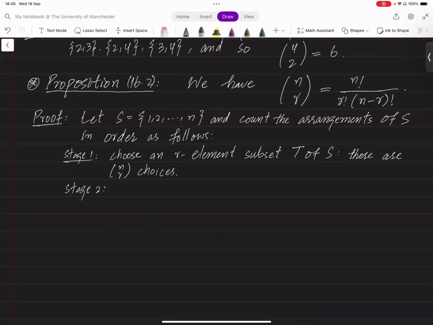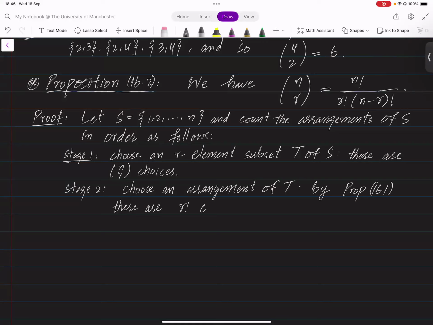Stage two is to choose an arrangement of T; by proposition 16.1, there are r factorial choices.